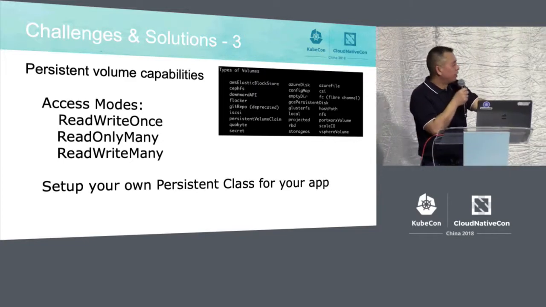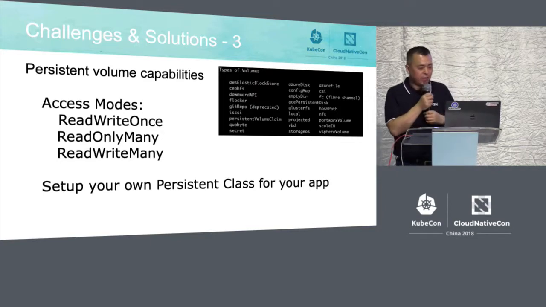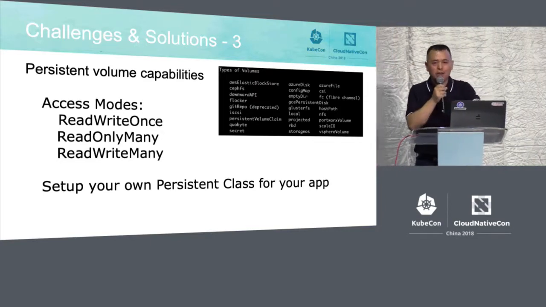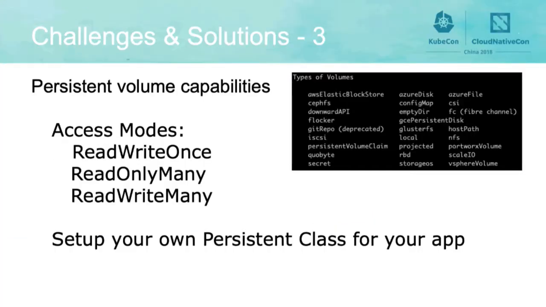I just have a list on the right-hand side. This is not a complete list. You can see the capabilities and the performance are very, very different, even though when you create this persistent volume, you can use different modes.